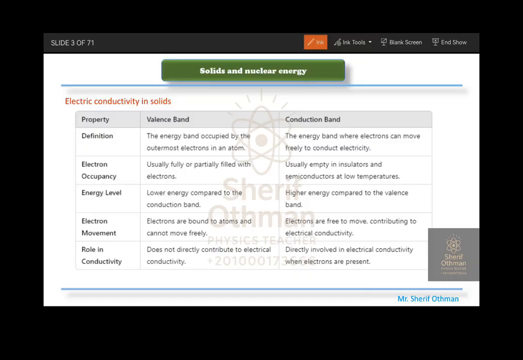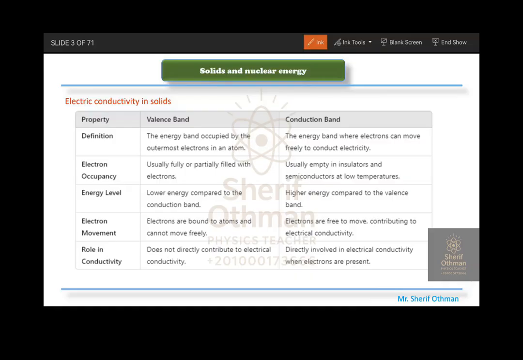Role in conductivity: valence electrons don't directly contribute to electric conductivity because they belong to the same atom and are unable to move freely from one atom to another atom. Otherwise, the insulators may have conductivity if these electrons are able to move while they are in the valence band.